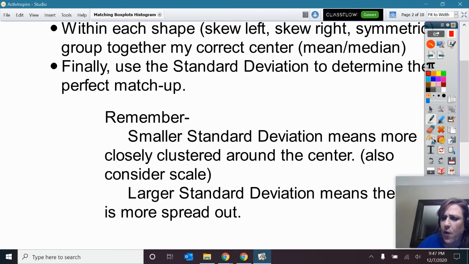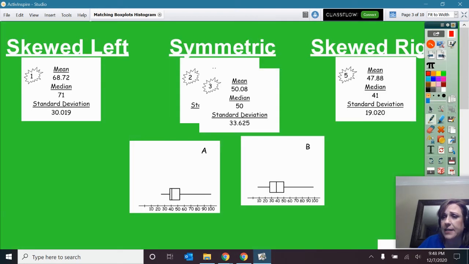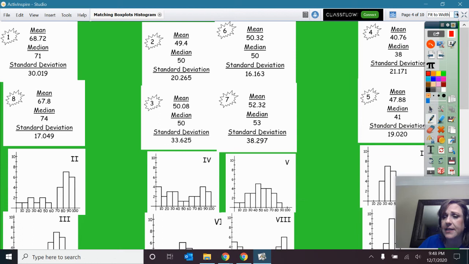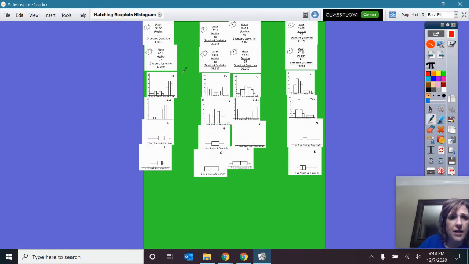All right, so after you have grouped all your materials skewed left, skewed right, and symmetric, it looks something like this. You've got 6 cards that are skewed left, 6 cards that are skewed right, and twice as many, so 12, that are somewhat symmetric.